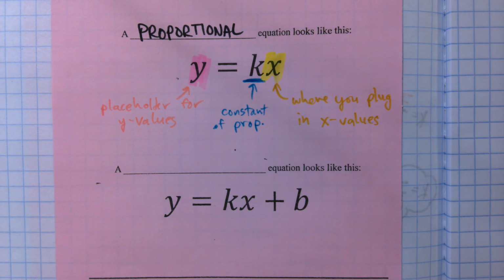All right, so in the same way that our equation k equals y over x, we know that k is the constant of proportionality, y is where all my y values would go, x is where all my x values would go.